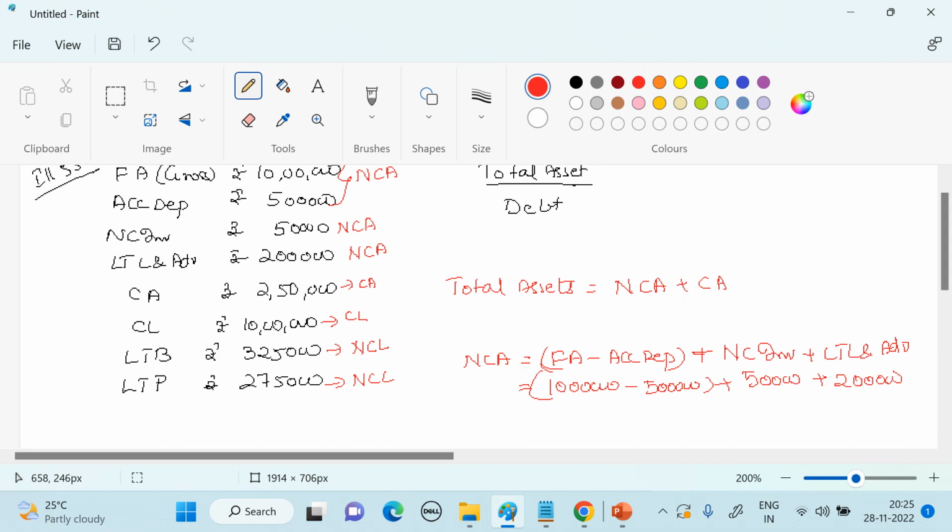So 5 lakh plus 2 lakh 50, 7 lakh 50,000 we got. Current asset directly given is 2 lakh 50,000. So total asset is 10 lakhs. Is that clear?